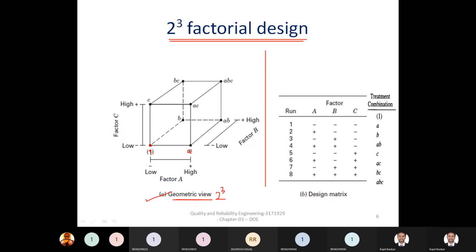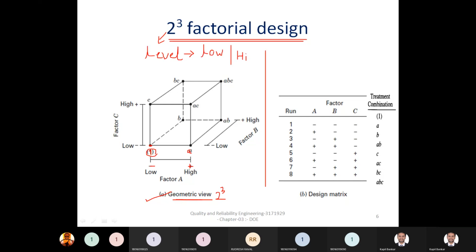For this factor there are two values, low and high. In 2^3, the 2 means the level. If the level is 2, then that level may be low or high.